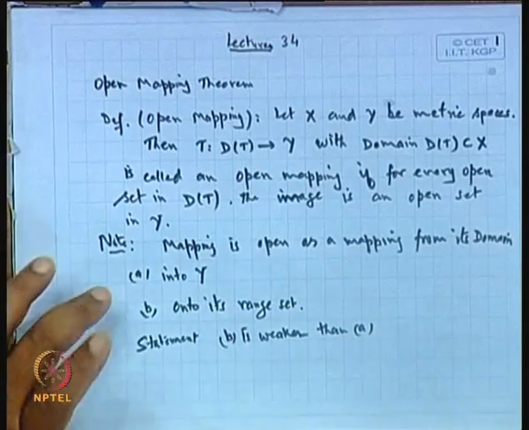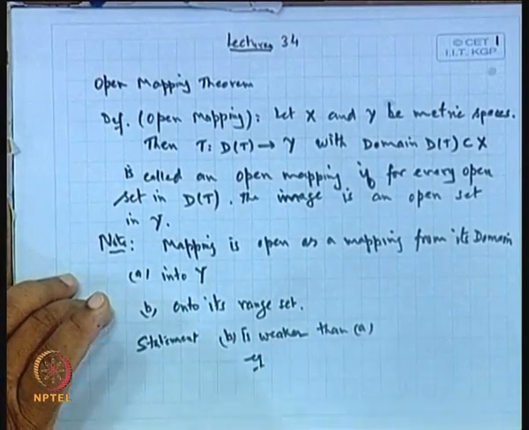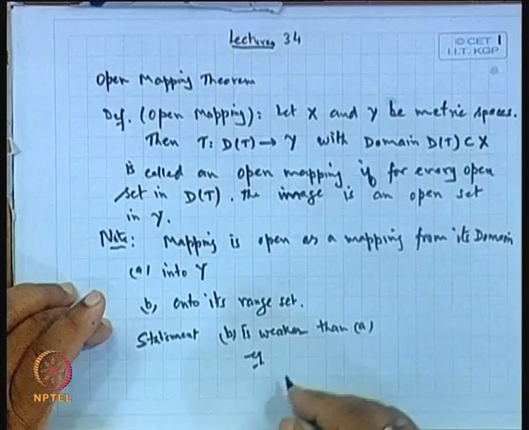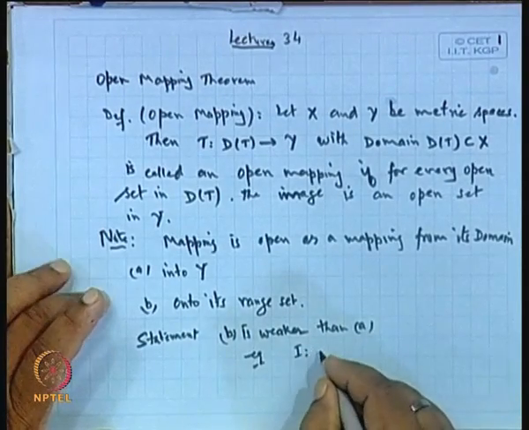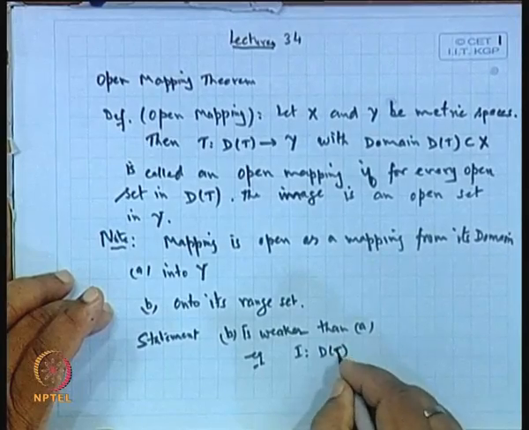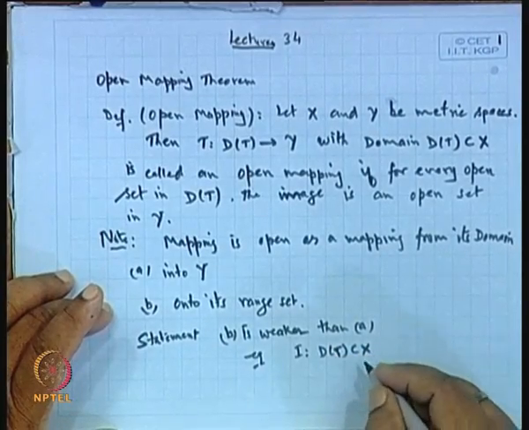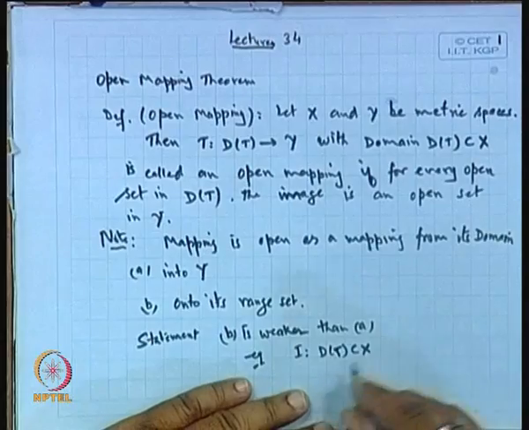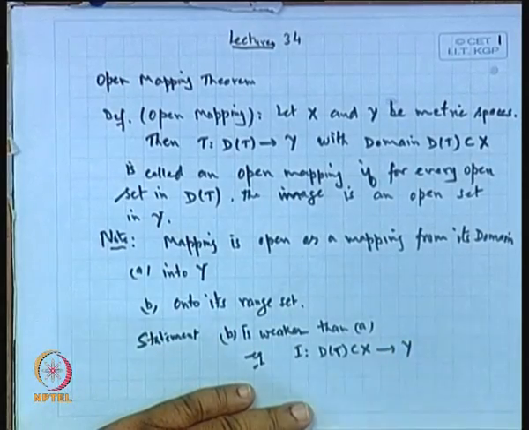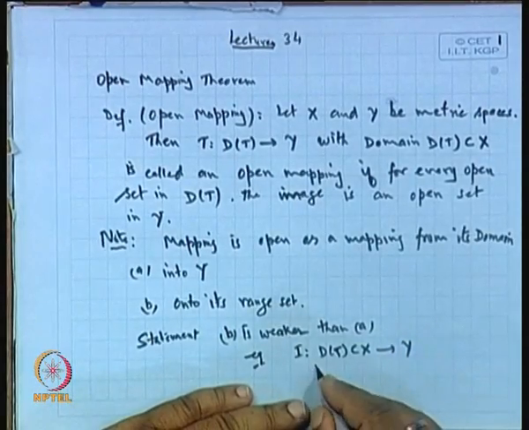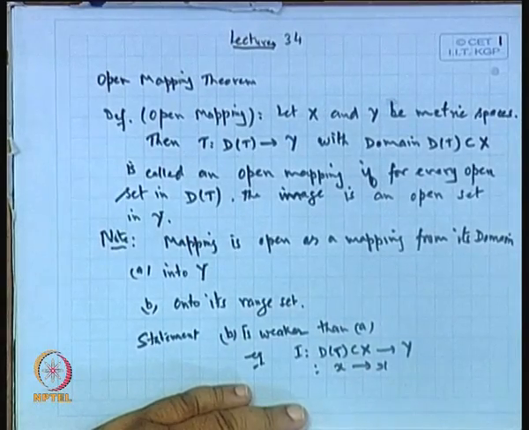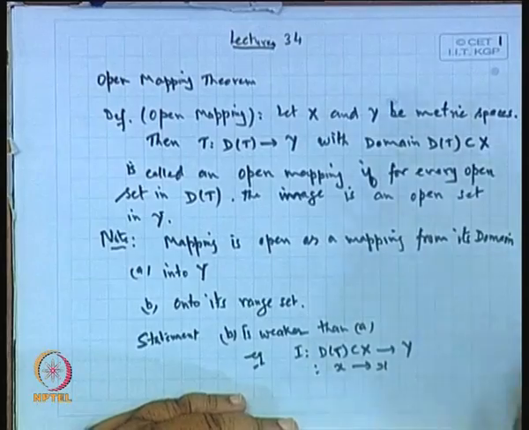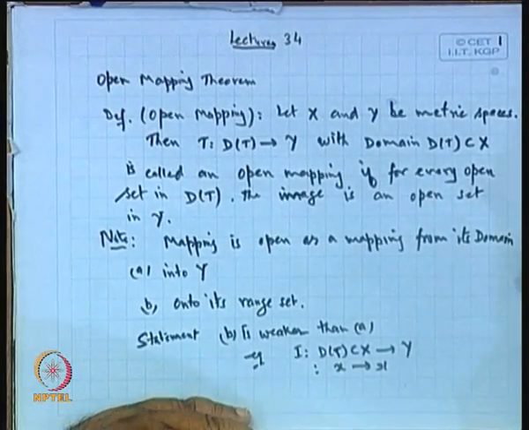The reason is, for example, if we take the identity mapping I from the domain D(T), which is a subset of X, to Y, the identity mapping x to x.